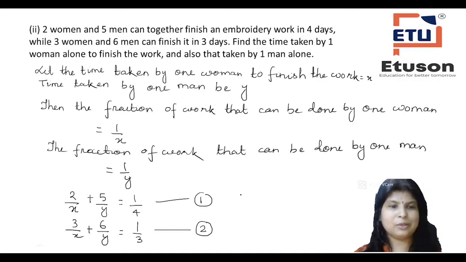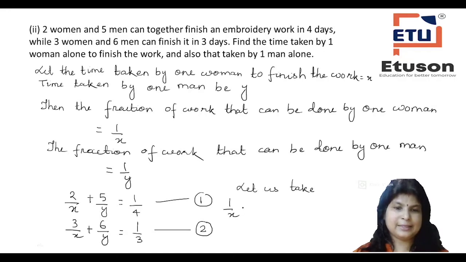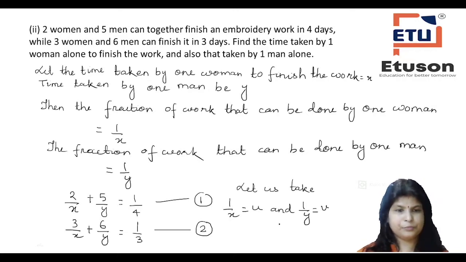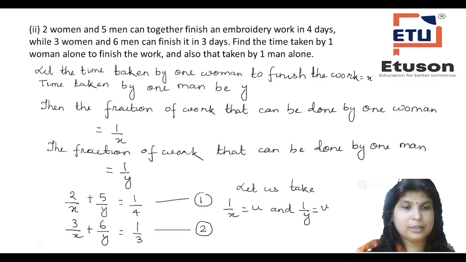So what I will do is I will assume now, let us take 1 by x is equal to u and 1 by y is equal to v, and rewrite the equation.